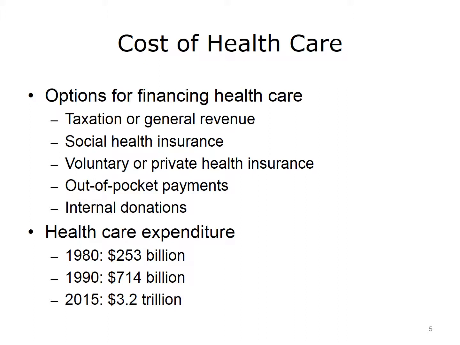By 2015, it increased to $3.2 trillion, which was nearly 18% of gross domestic product, or GDP, and $10,125 per capita. We're spending 16% of our GDP on healthcare. There is definitely a need for cost containment, and this has been one of the driving forces, one of the core values in U.S. healthcare today.